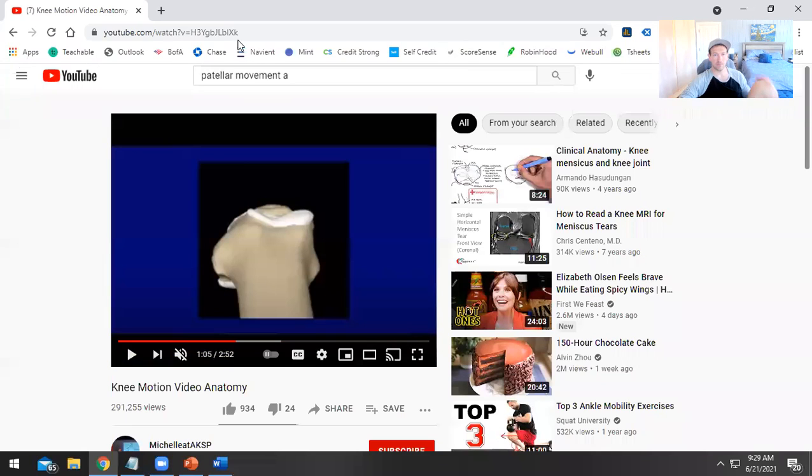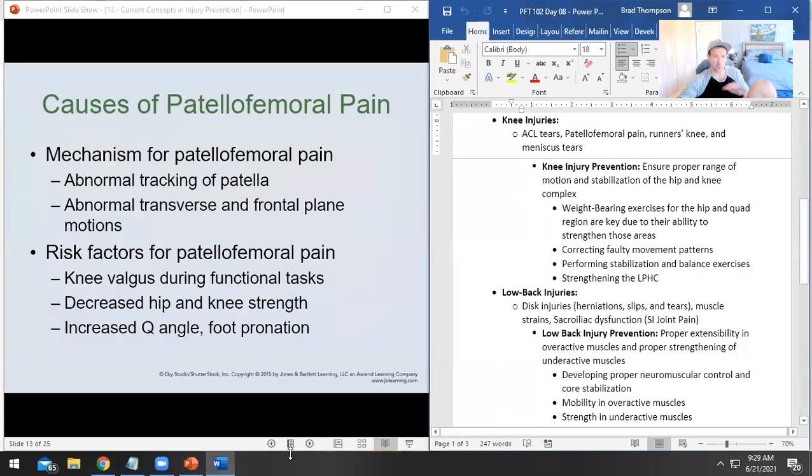But patellofemoral pain will come from abnormal tracking. Generally, I will say the most common is where it gets pulled laterally. A lot of people have a really tight vastus lateralis because it works with the biceps femoris and the TFL.